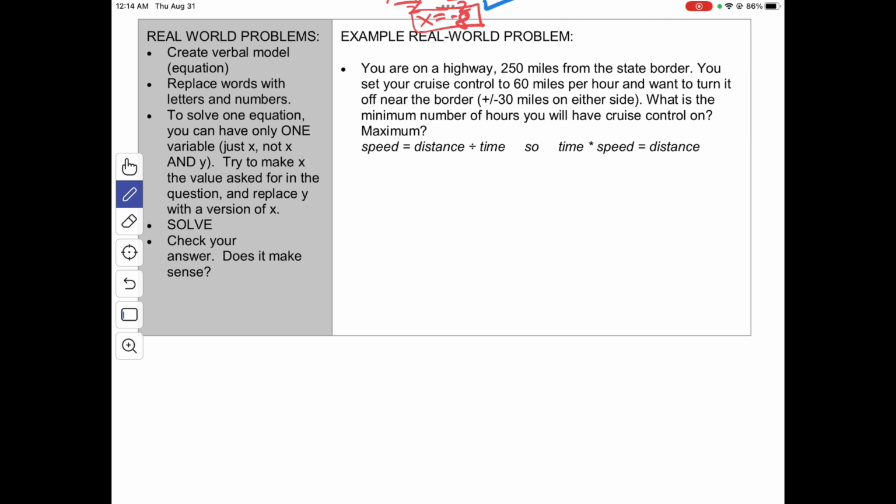So just like we've seen previously, it is important to know that speed is distance divided by time. And another way to write that same equation is time times the speed equals the distance. In this example, we know a lot about our distance.